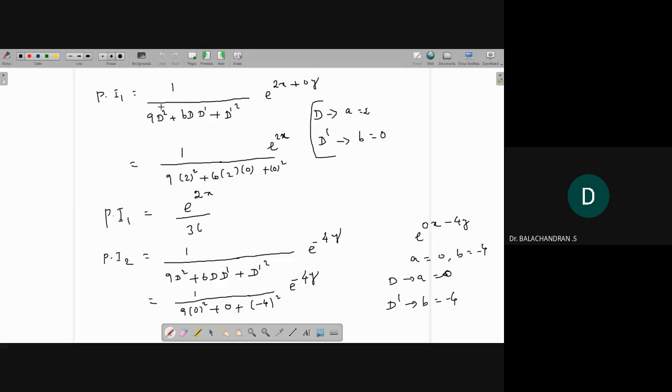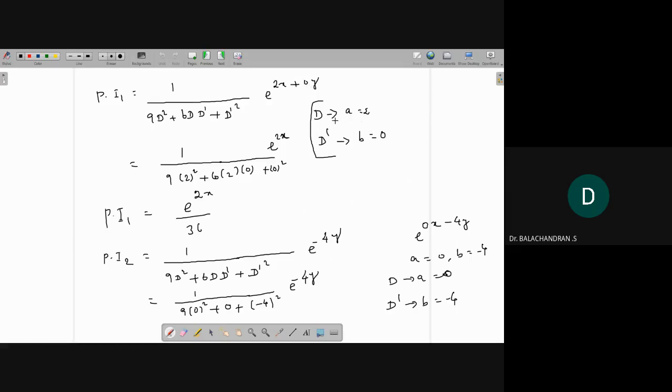So this is PI1. You have only e^(2x), so I want to write it in the form of e^(ax+by). So a equals 2 and b equals 0 here. You should replace D by a equal to 2, and D' by b equal to 0.